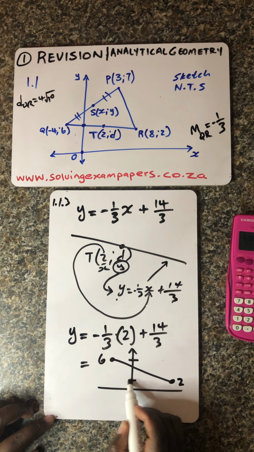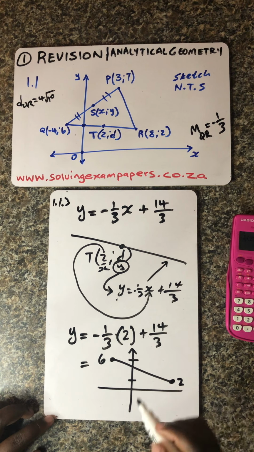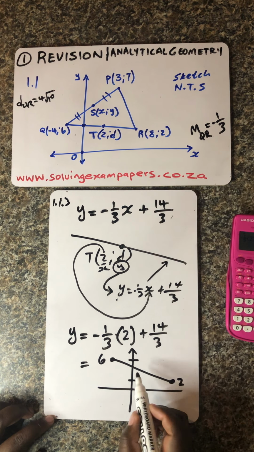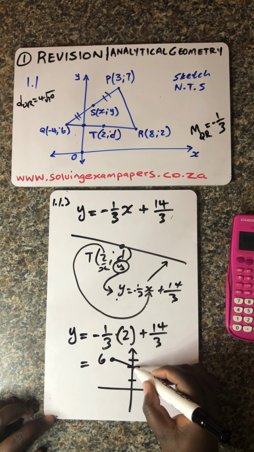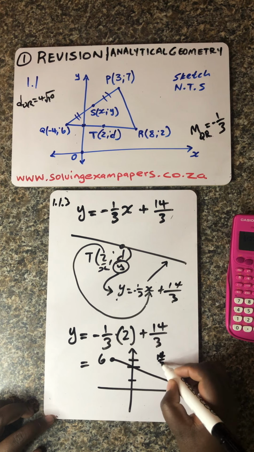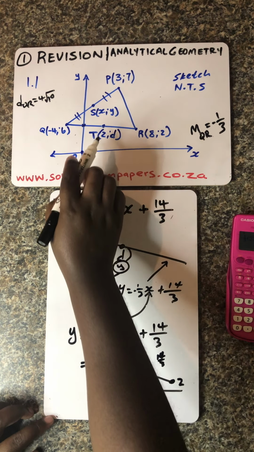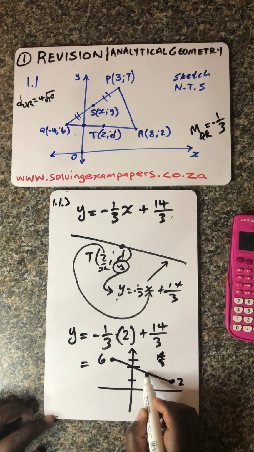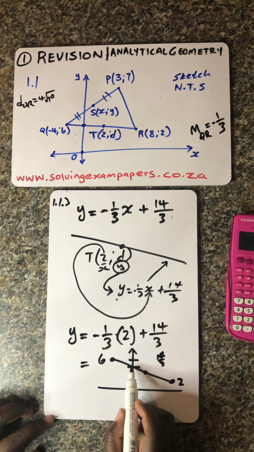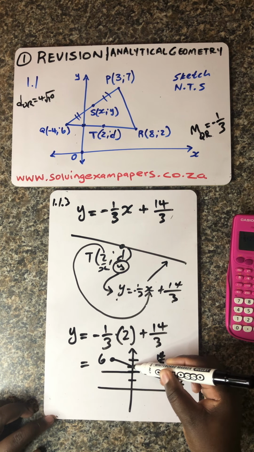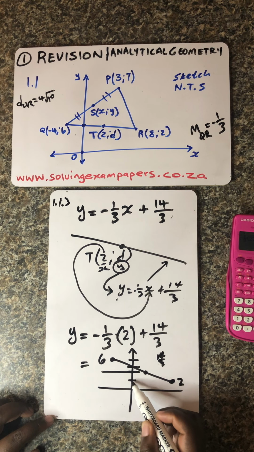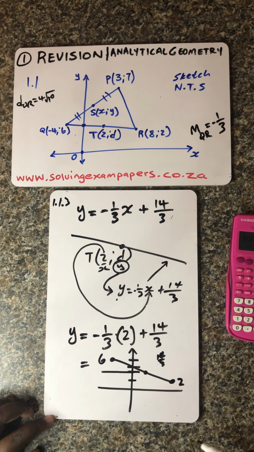We just calculated previously that value there, and at that point we know it's 14 over 3. So as you can see, that D is actually that point somewhere there, which is below that point. So what I'm trying to make you aware of, ladies and gentlemen, is that we have to find a point which is below that point and just above that point which is 2.